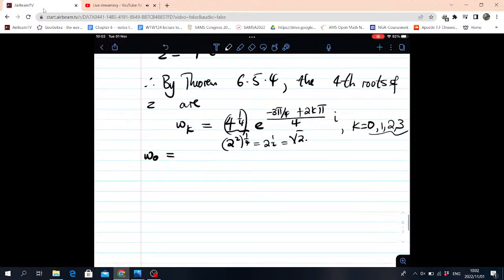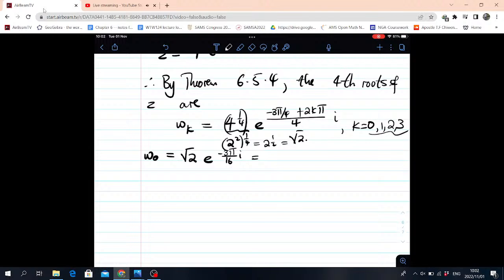So w naught is the square root of 2 e to the, now we plug in our k. When k is equal to 0, we get minus 3 pi over 4 over 4, which is minus 3 pi over 16 i. That is our complex number, and this is in polar form.